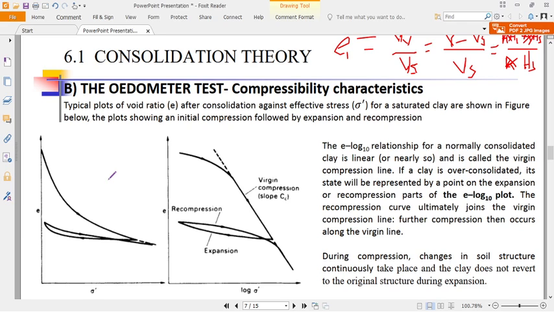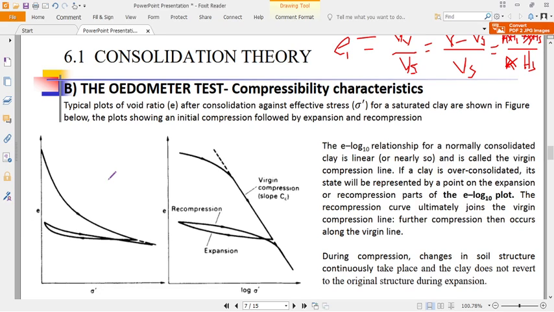Obviously, it will tend to go to a constant. It will reach a critical state, and any application of load will give you a constant strain at the critical state.